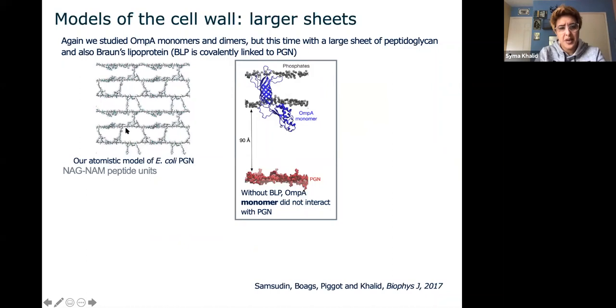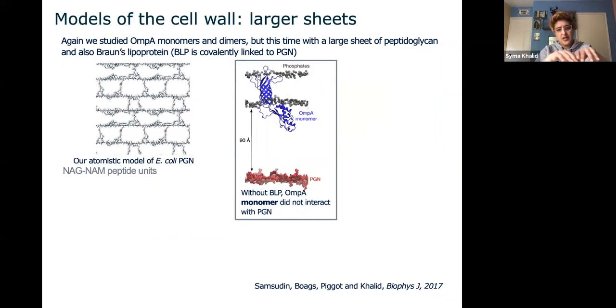We then moved on to make a bigger model of the cell wall. So now we did indeed make a big mesh, and we bound it to itself across periodic boundaries. So it is actually a continuous two-dimensional structure, if that makes sense.